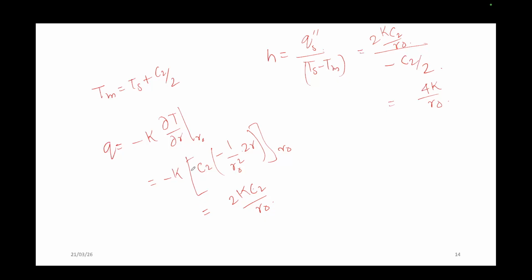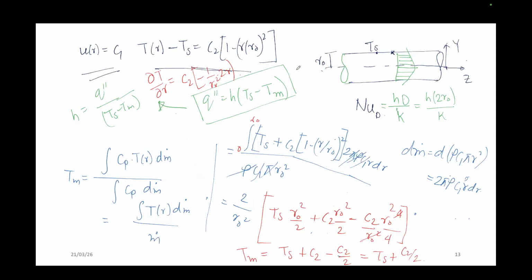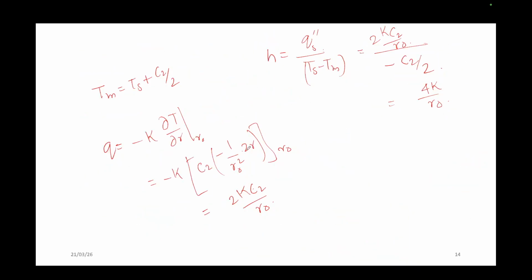See, why there is an issue, because of this negative sign. Here is a negative sign, here is a negative sign. So the value that is coming out, Ts minus Tm, is minus this one. That means our assumption, that Q is Ts minus Tm, surface temperature. That means it is not cooling, it is heating. This negative symbol indicates that it is heating, because the mean temperature is more than the surface temperature.